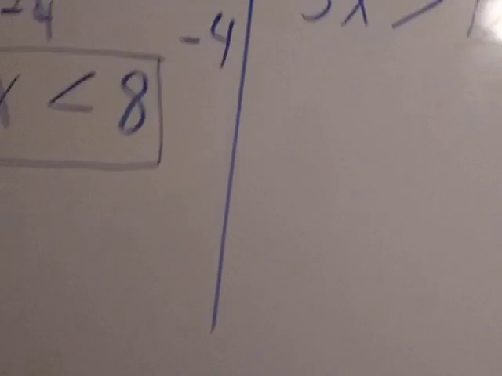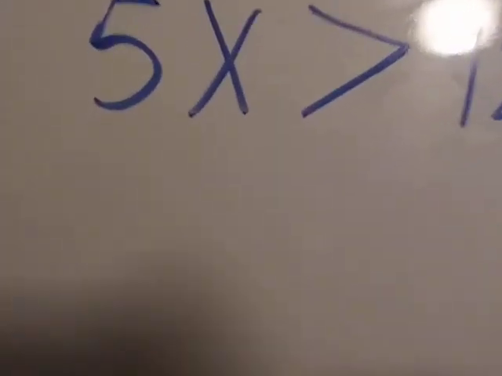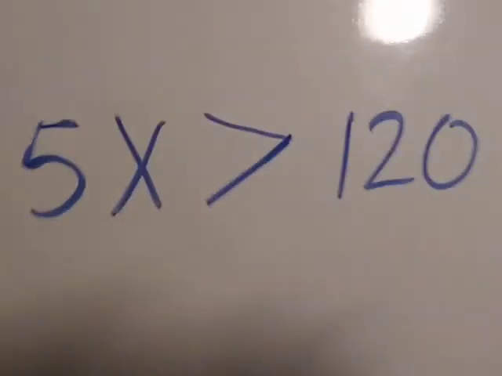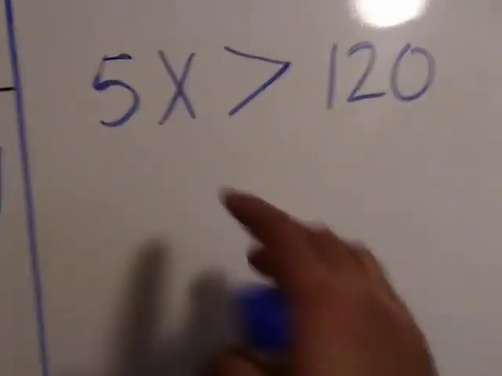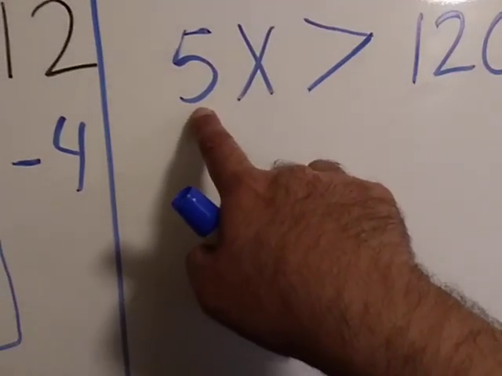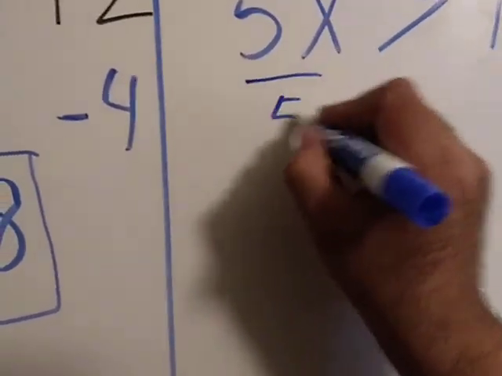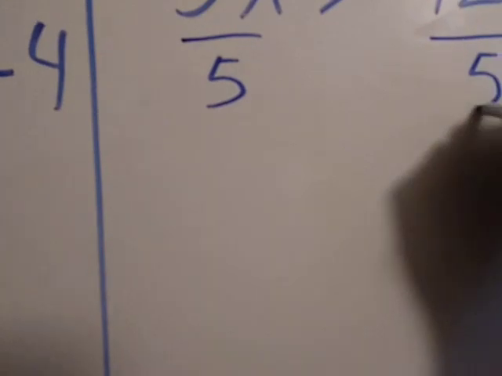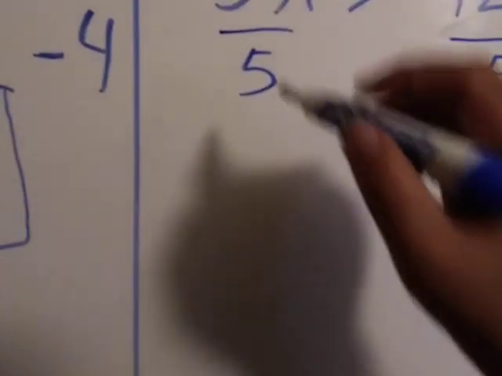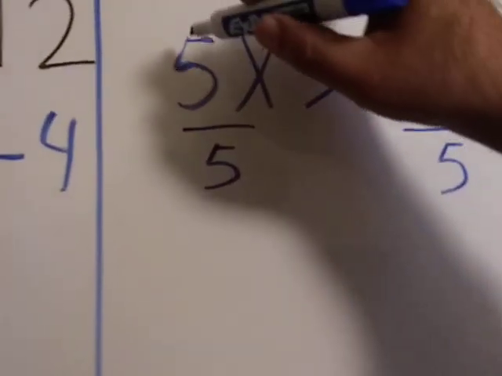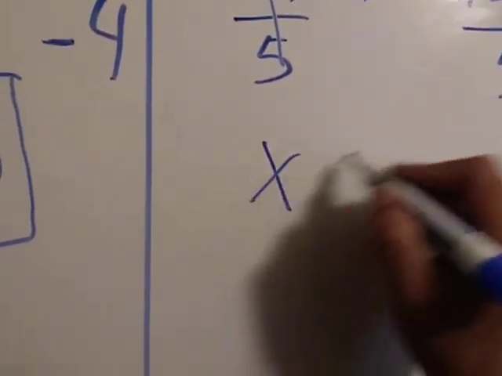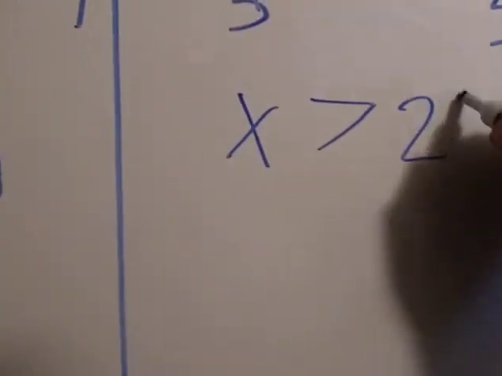And in this case, the coefficient multiplying the x is 5, so we divide both sides by 5 here, and the coefficient cancels out and we're left with x is greater than 24.